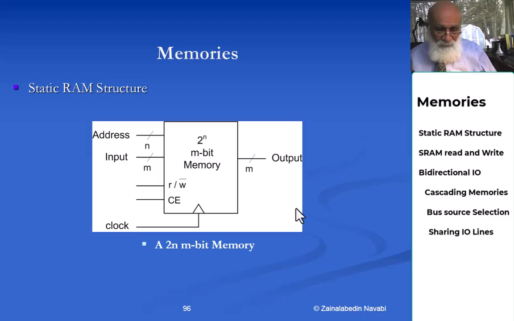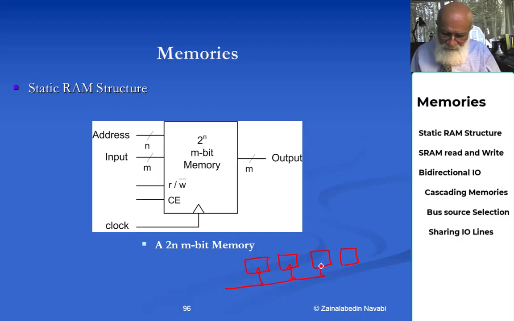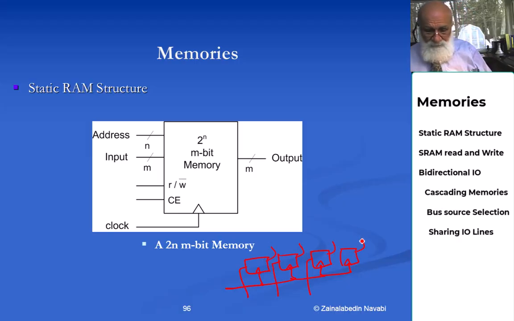Okay, we talked about registers. We said that a register is a collection or a vector of flip-flops, meaning that if I put 4 flip-flops together with a common clock, a common reset, and have inputs and outputs, then this becomes a 4-bit register.